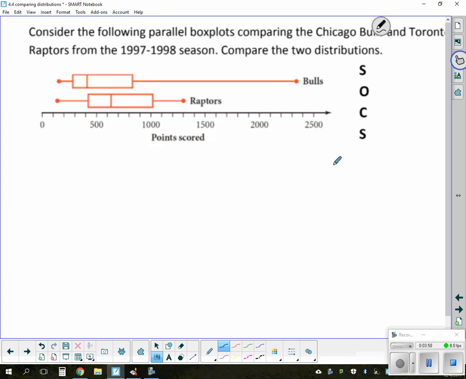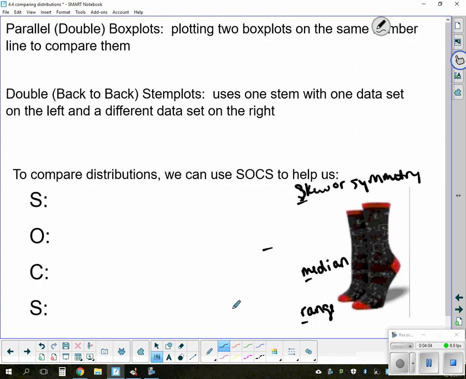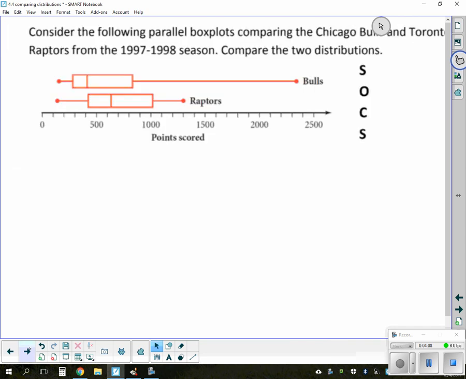So the first thing we want to talk about is the first S, which is, if you don't remember, look back, the shape. Looking at the shape of this, we're really looking at the skew or the symmetry of it. So if you look at this top one, the Bulls one, is that symmetrical?